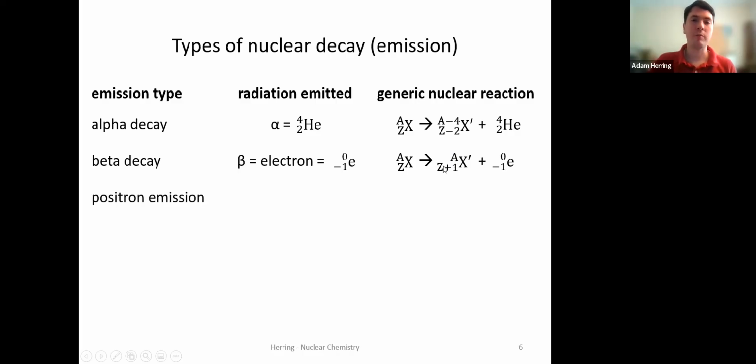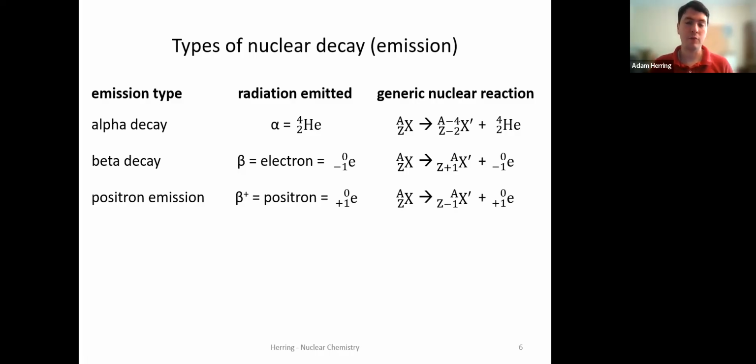Then we have positron emission, which releases a positron particle. And you can see here that a positron particle is essentially a positively charged electron. So it will have the opposite result on the parent and the daughter nucleus.